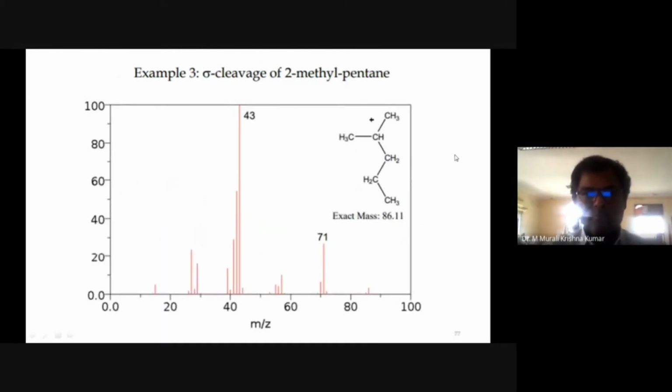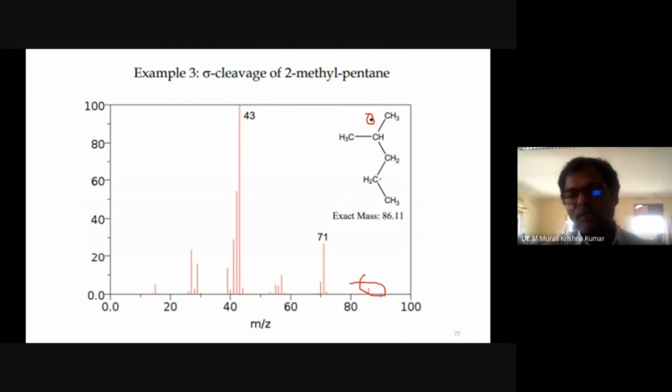And then this is 86, 2-methylpentane. In case of 2-methylpentane, this is the molecular ion. You can see the molecular ion's abundance is very less. The reason is that it's a big molecule and it's an alkane.